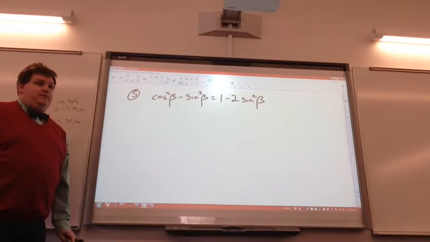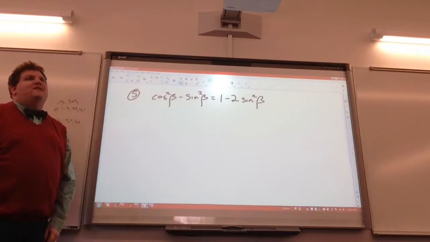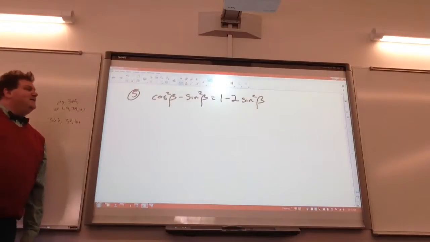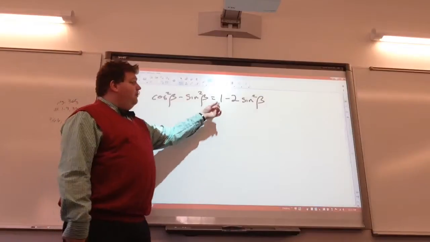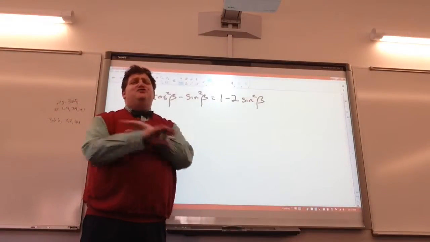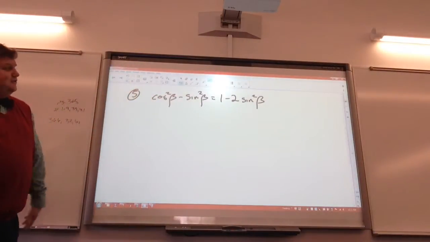So what you recognize immediately is that, hey, remember, these things ultimately work by algebra, okay? So we always start with the first question, which is the more complex side? In this case, quite frankly, both sides are equally as complex. Because I've got cosine squared and sine squared on this side, and while I have a 1 on this side, I also have a 2 sine squared beta. We don't like 2's when we're doing these things. We absolutely hate 2's, okay?